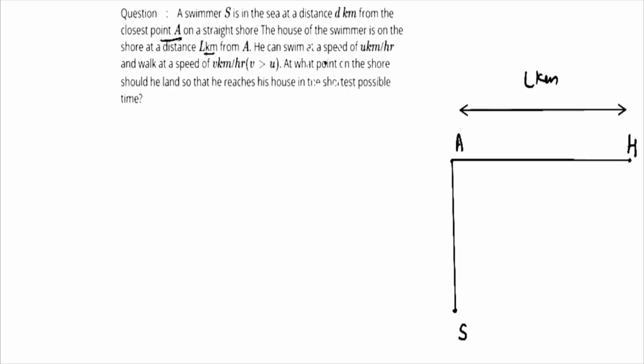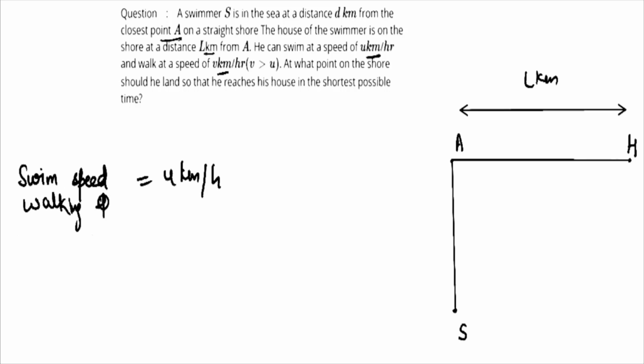Now he is saying that he is swimming at a speed of u kilometer per hour and walking at a speed of v kilometer per hour. So we have swimming speed u kilometer per hour, and the walking speed that we have is v kilometer per hour. Now at what point we have to find on the shore.